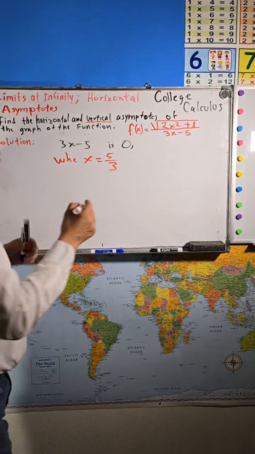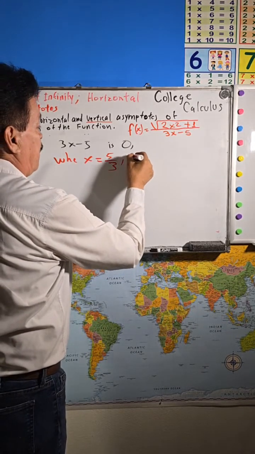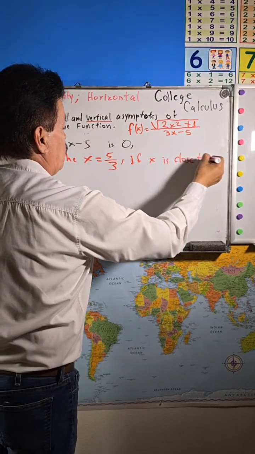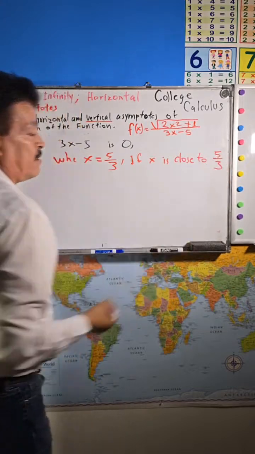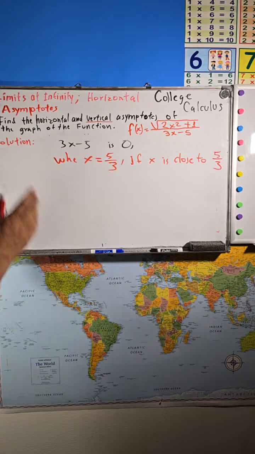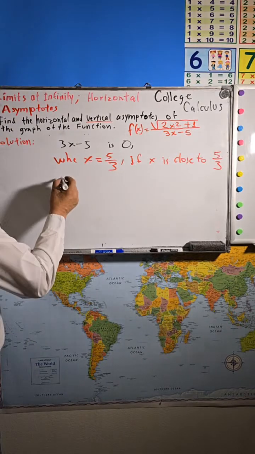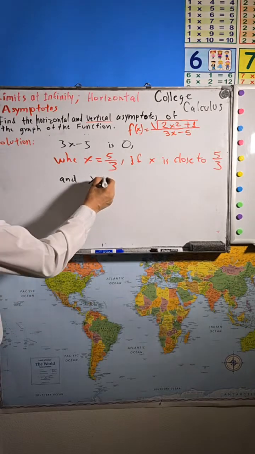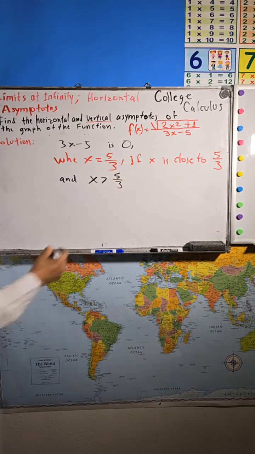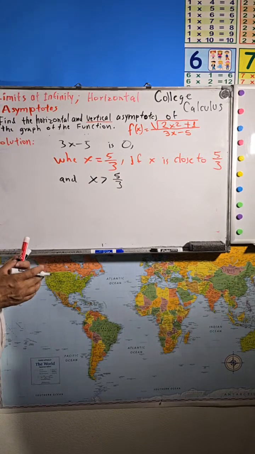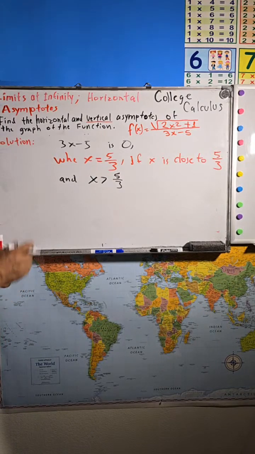If x is close to 5/3 and x is greater than 5/3, then the denominator is close to 0 and 3x minus 5 is positive.